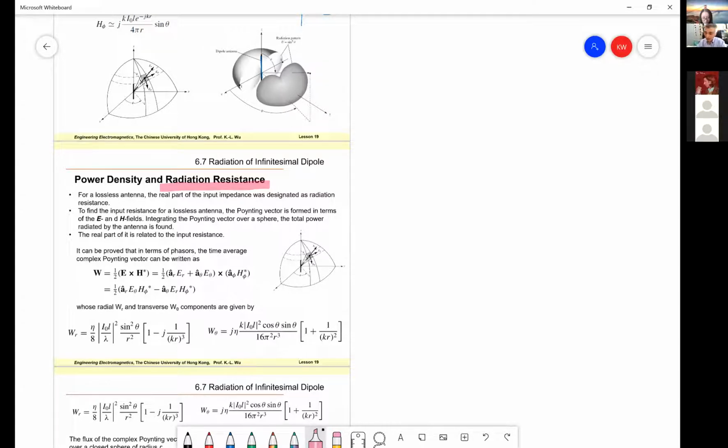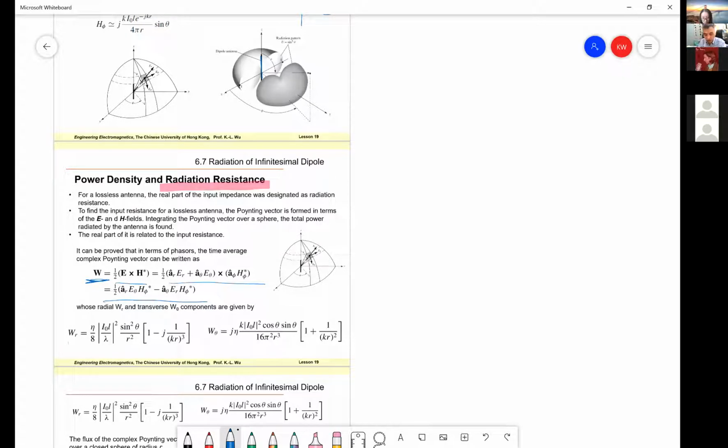Let's look at the Poynting vector. We have the Poynting vector in phasor form, E cross H conjugate. Then we plug in all the total field.